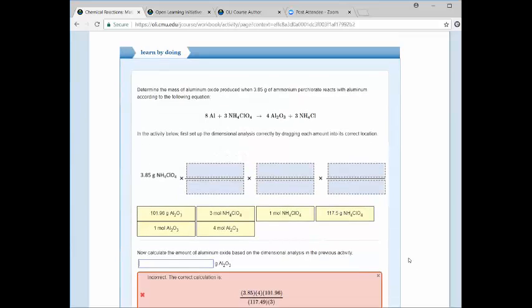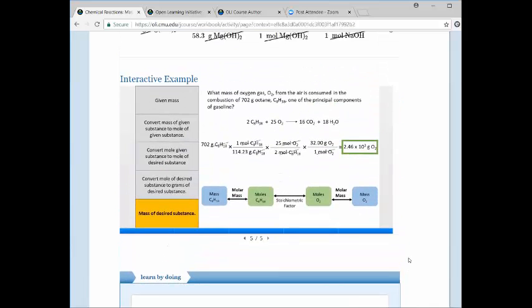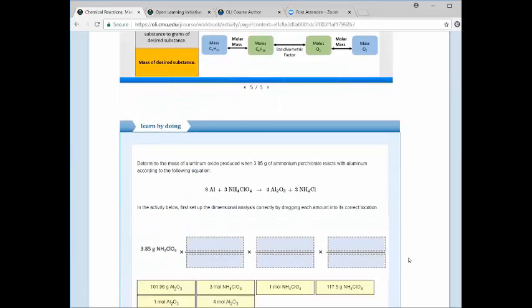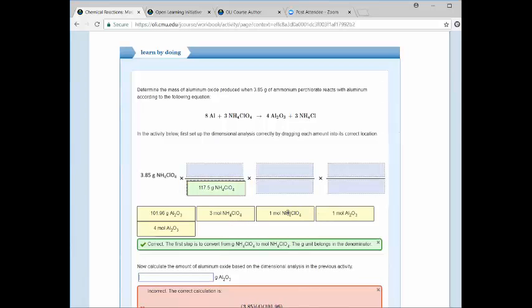So I wanted to look a little bit at this learn by doing. This is a little bit more complex problem, and so the learn by doing is a little bit more elaborate. So we have our interactive example. When we get to the learn by doing, as opposed to just, okay, do this problem, we're going to first help the student get the dimensional analysis set up.